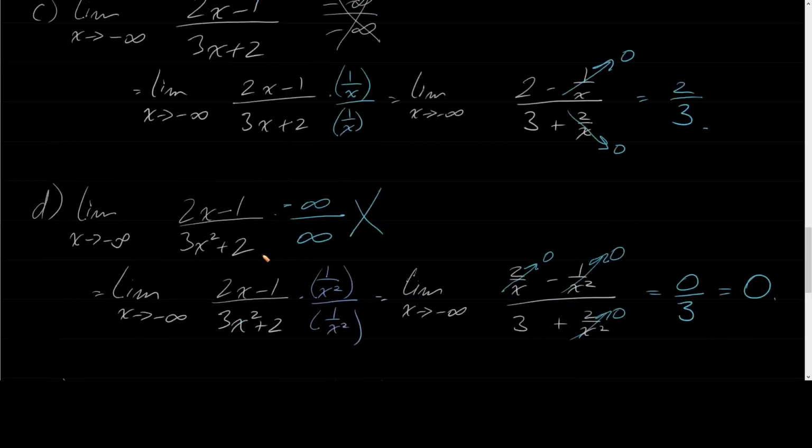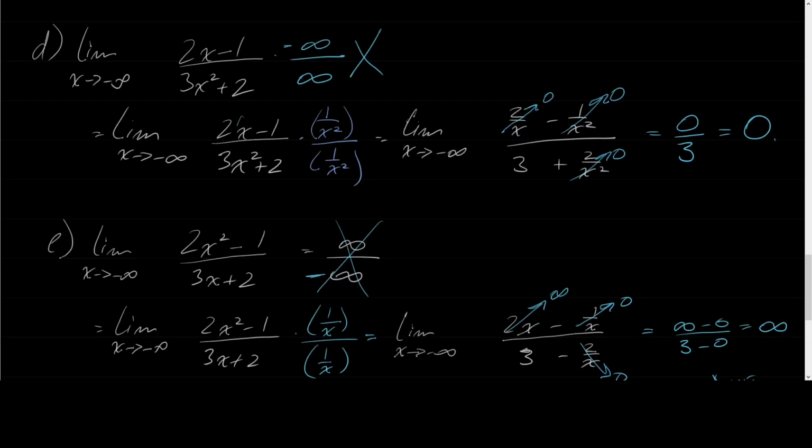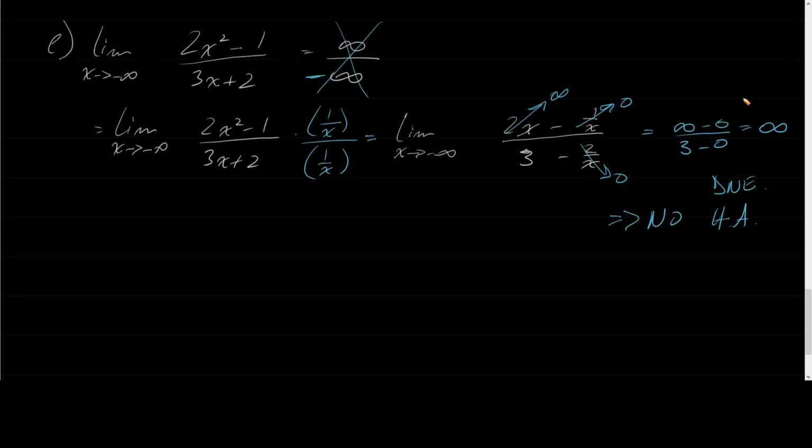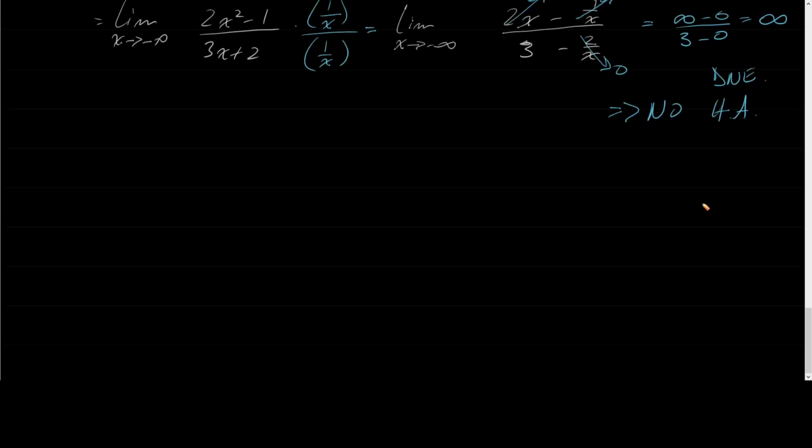Notice that in the next scenario, the degree on bottom was bigger, and our final answer was 0. And in the last scenario here, the degree on top was bigger, and there was no horizontal asymptote. That should remind you of this rule from pre-calc regarding horizontal asymptotes.